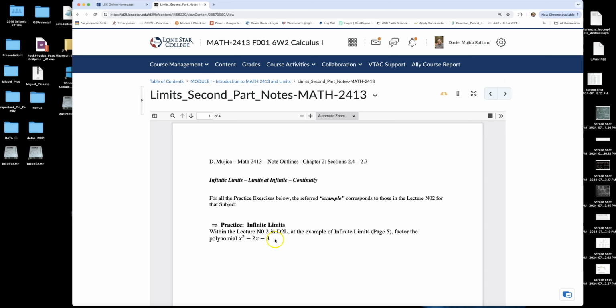For instance, the first one is within lecture number 2 in D12, at the example of infinite limit, page number 5, factor the polynomial. So let me open that document over here.